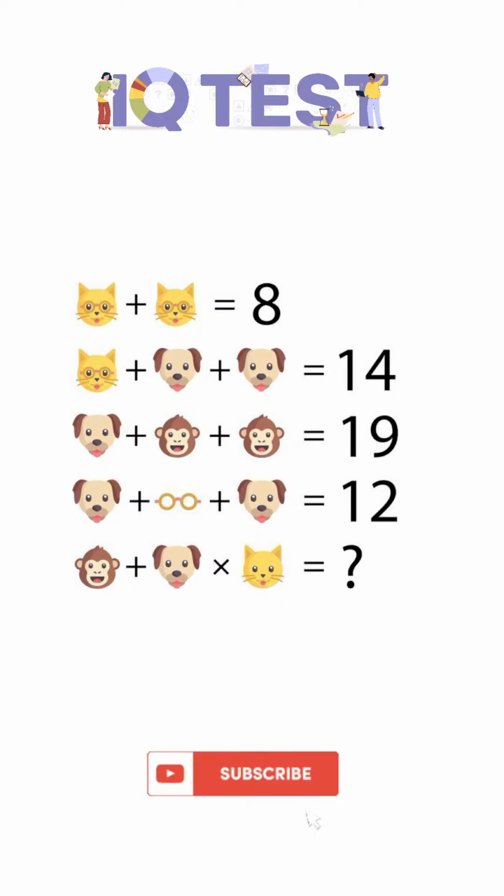All right, Nathan, what do you have? Think of this one. What do you have? And let me know. Yeah, the cat is 4. I agree. The dog is 5.